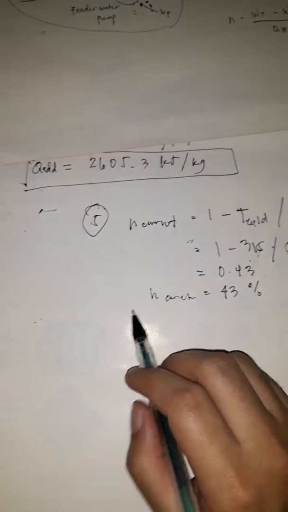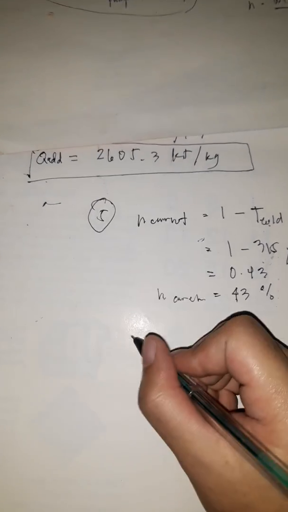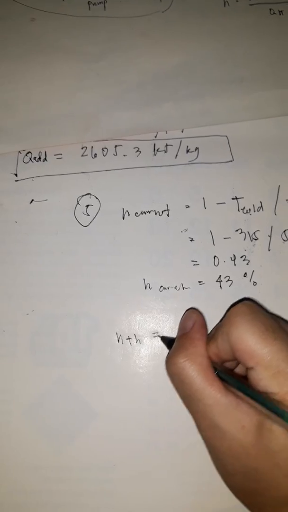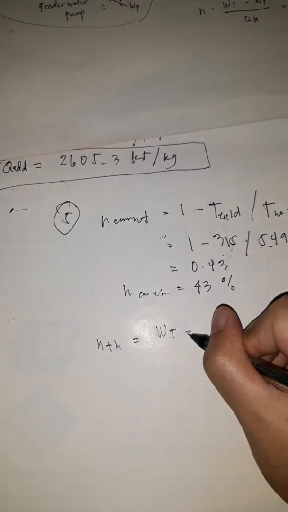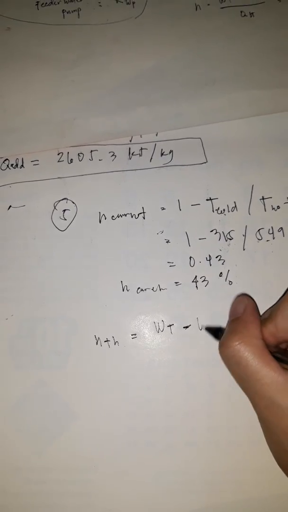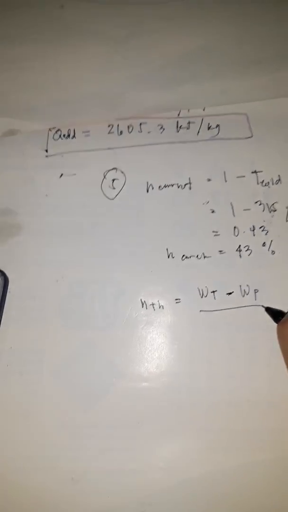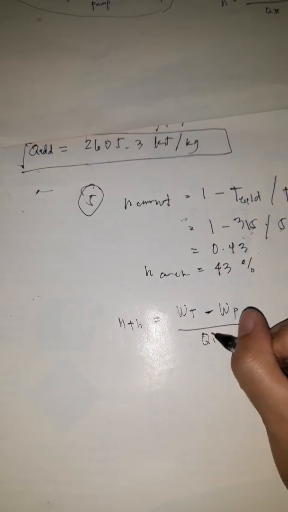So let's proceed to the thermodynamic efficiency for this cycle. It can be calculated by the formula: efficiency equals net work, work of turbine minus work of pump, over heat in.